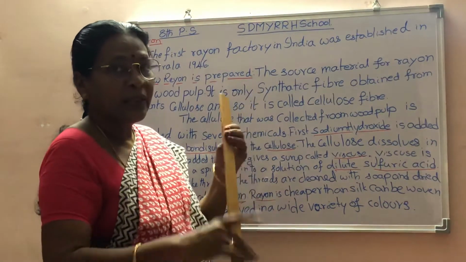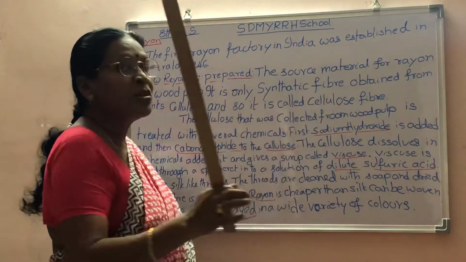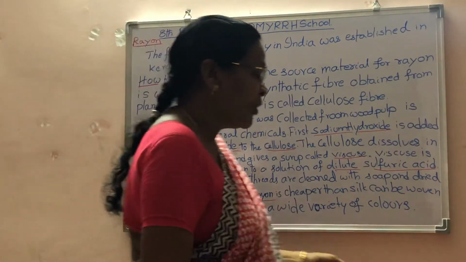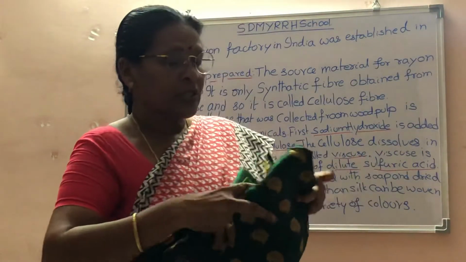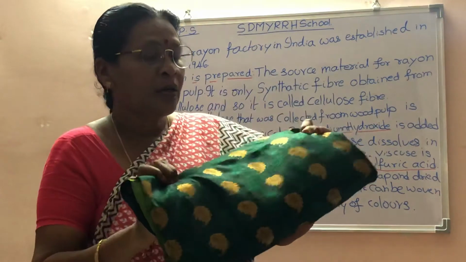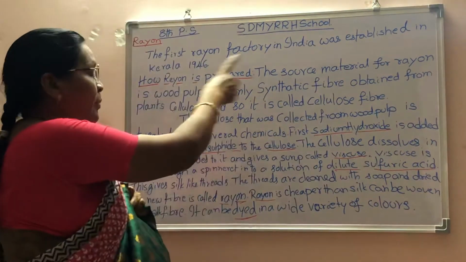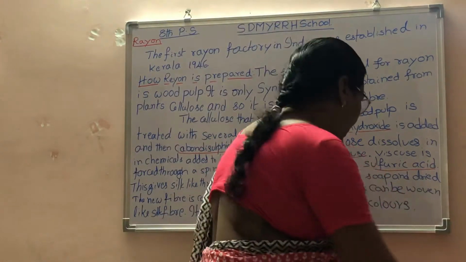The cells in the plant are plant cellulose, and so it is called cellulose fiber. The rayon fiber is cellulose fiber. This is silk cloth from rayon fiber. It is cellulose fabric.